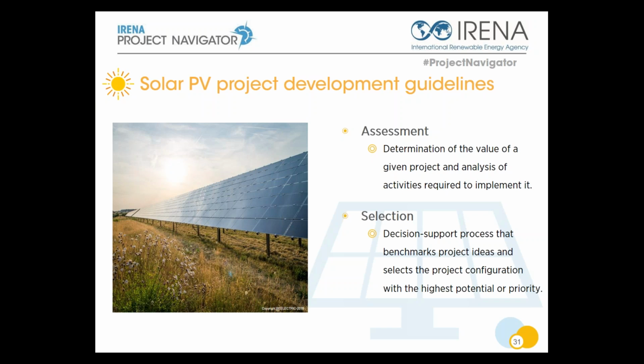So in the end, when you measure your resource for 1 year, 2 years, you are certain about the value, the potential of your site. For many of the projects that we have looked at, sometimes the resource of the project was not properly assessed. So we always recommend that during the assessment phase, there is a thorough evaluation of the potential of the solar resource.